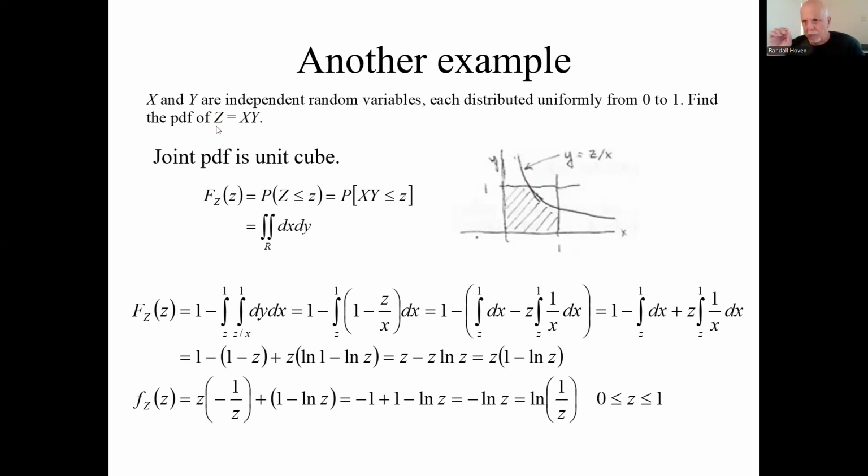If you pick some z between 0 and 1, it would look like this curve here. And the region you integrate over is where y is less than or equal to z over x, which would be this shaded region down here. So all we need to do is integrate this very simple looking double integral, where this is the region.